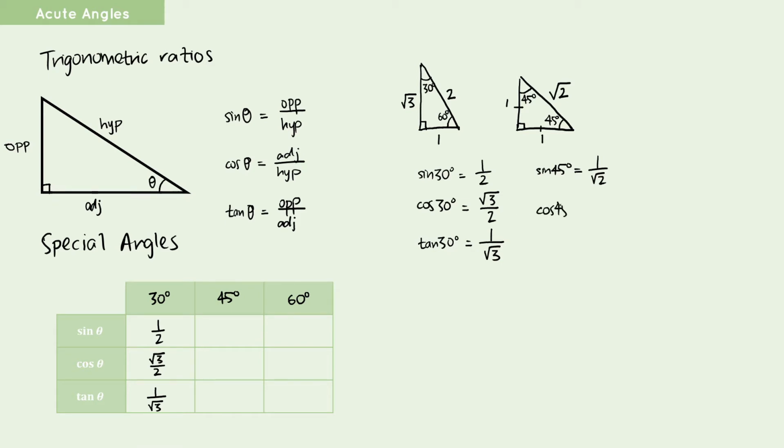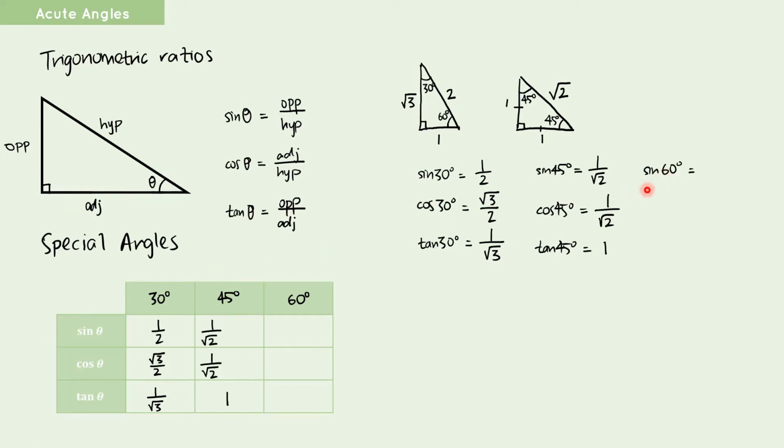Likewise, cosine 45 degrees is adjacent over hypotenuse, so also 1 over square root 2. Tangent 45 degrees is opposite over adjacent, so it's 1 over 1, which is just 1.